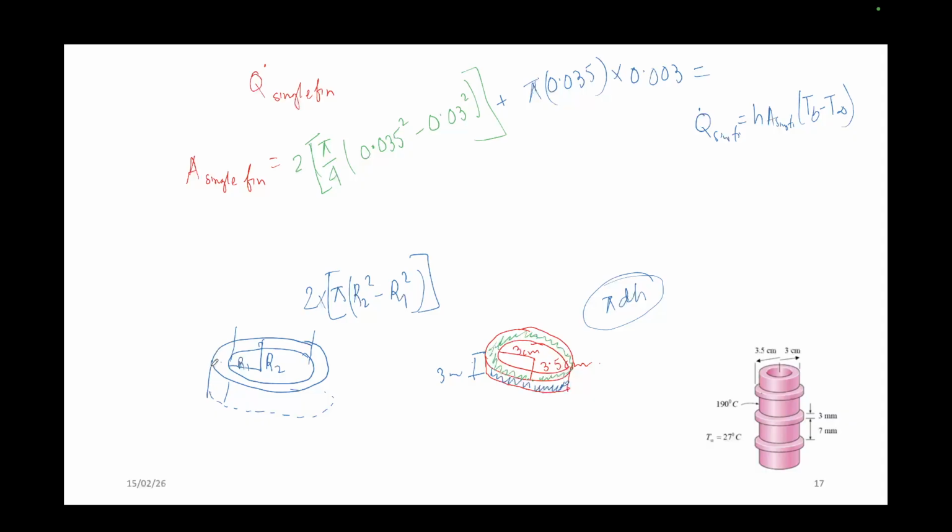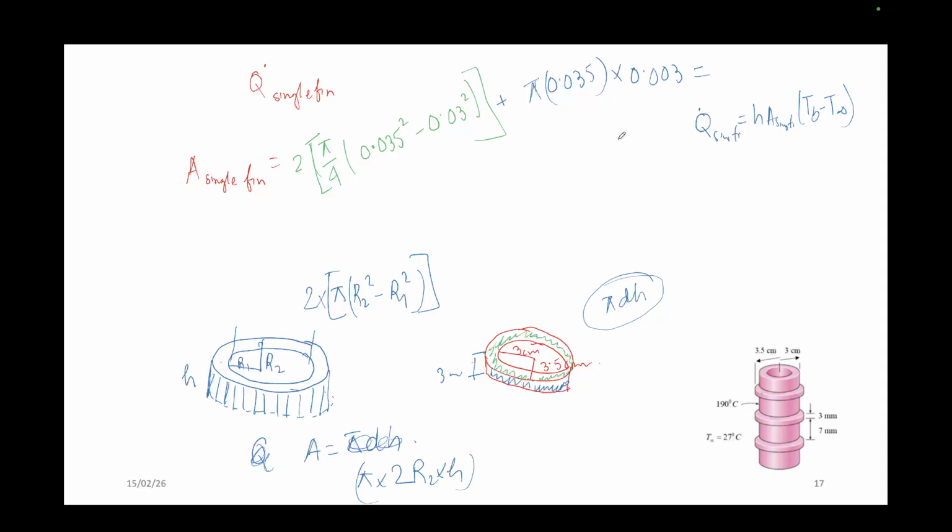Good. So now its height is say h. So this is the surface also which is participating in the convection. This area is a cylinder, looking like a cylinder, pi d into h, or I can say pi into 2 r 2 into h.